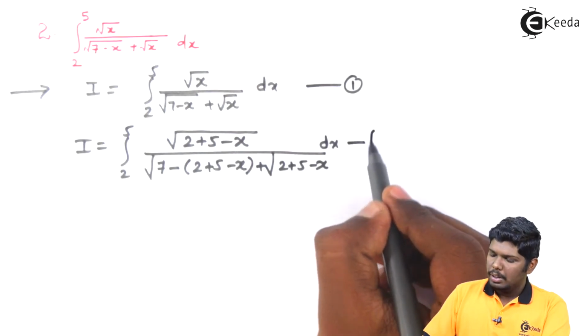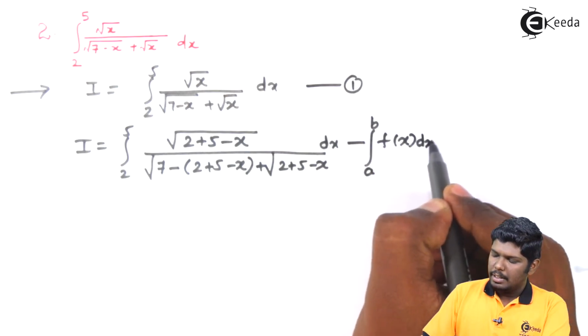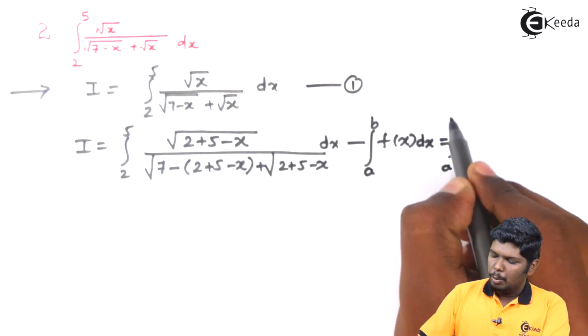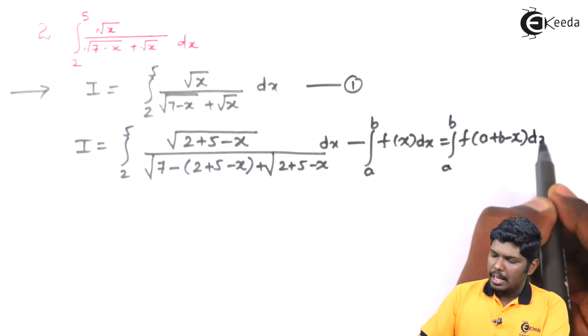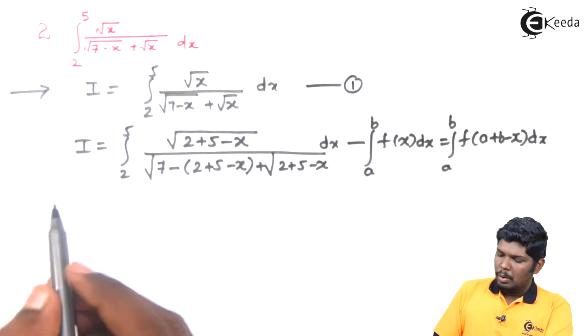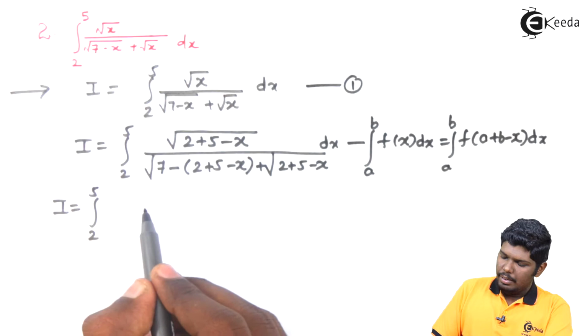As the property goes, integral a to b f of x dx can be written as integral a to b f of a plus b minus x dx. Now I will be equal to integral 2 to 5.